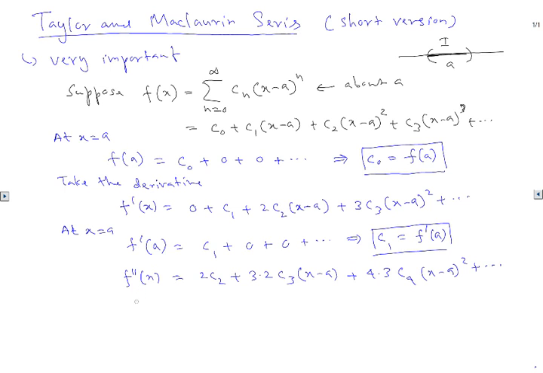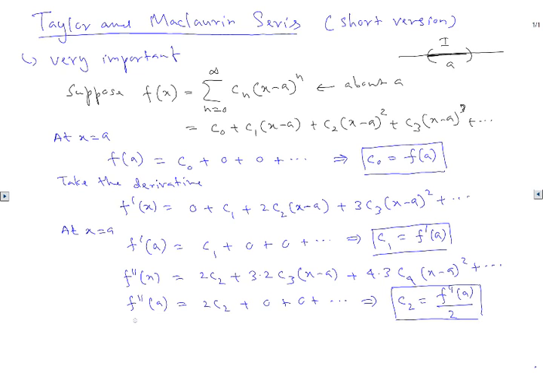As before, f double prime of a is equal to 2 times c2, everything else 0. It gives you c2 as f double prime of a divided by 2.